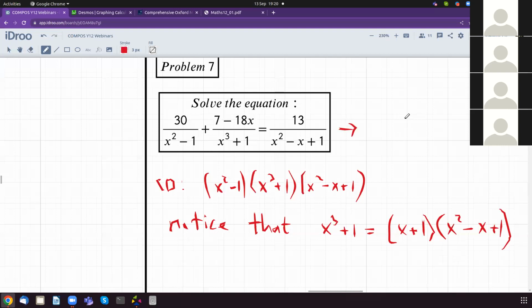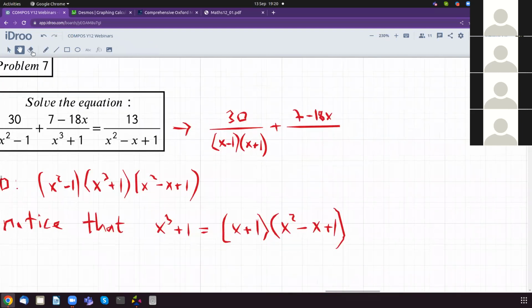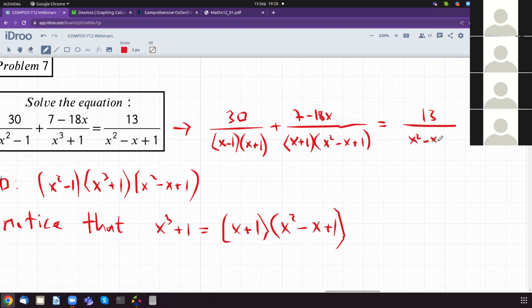So from here, we got 30, x minus 1, x plus 1, plus 7 minus 18x. It is the sum of two cubes. Well done. And here you have x plus 1, x squared minus x plus 1 equals 13, x squared minus x plus 1.